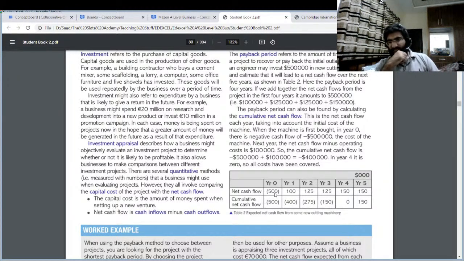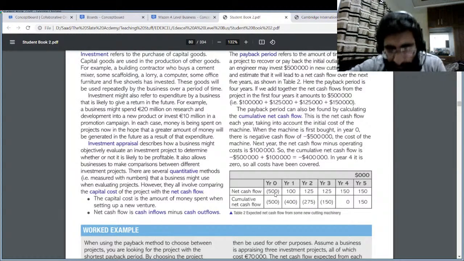All right. Coming back to this payback method technique, we are told that at year zero there is 500 cash outflow, then at year 1 there is 100 cash inflow, at year 2 there is 125 cash inflow, year 3 125, 150 and 150. To calculate cumulative cash flow, at year 0 you have negative 500.